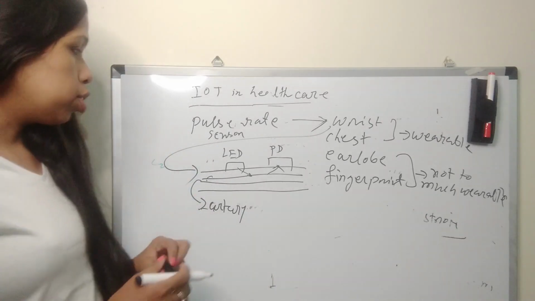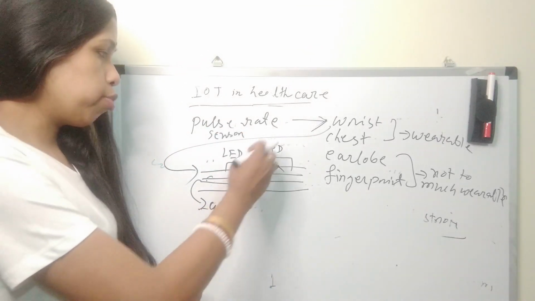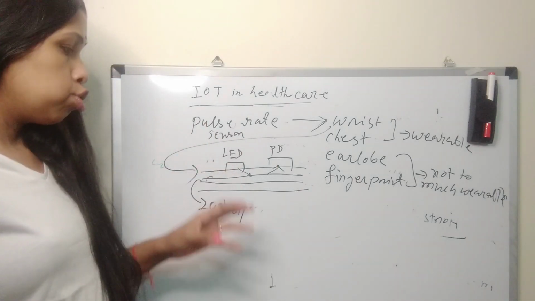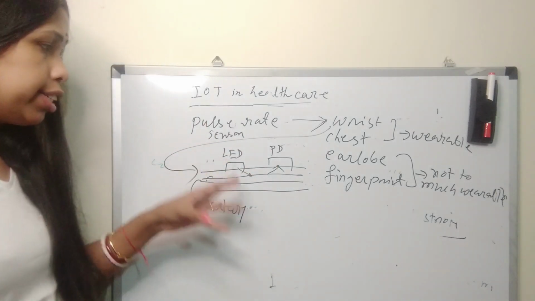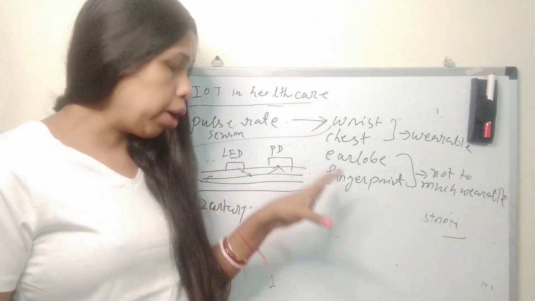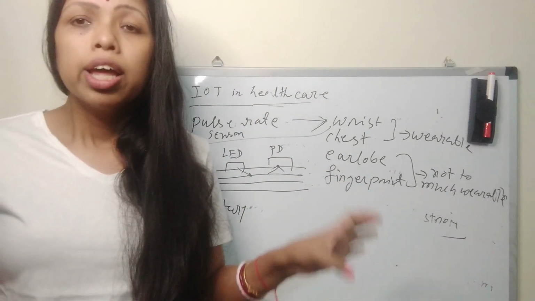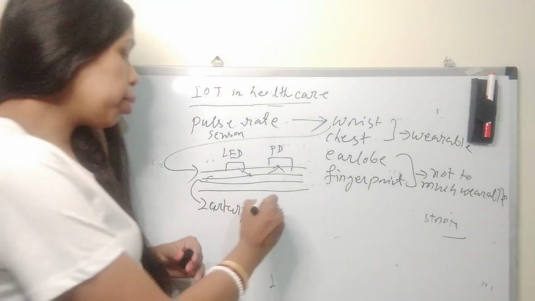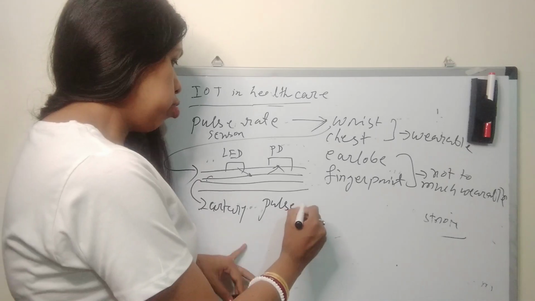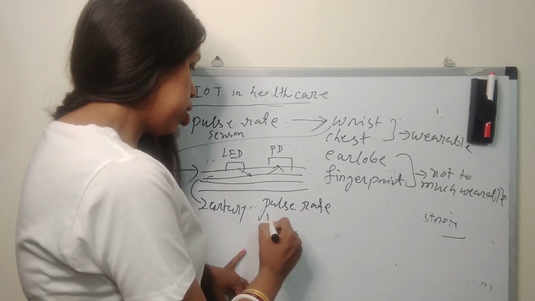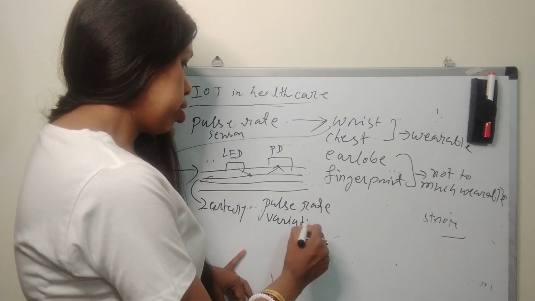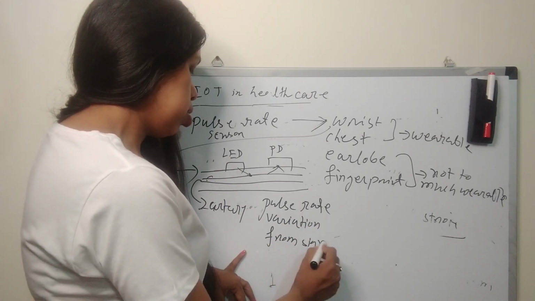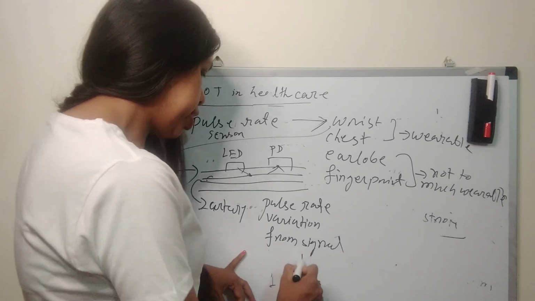The light transmitted and the light received at the photodiode are different. From the change in the light, the change in the power, the change in the signal, we can determine the pulse rate variation from signal degradation.